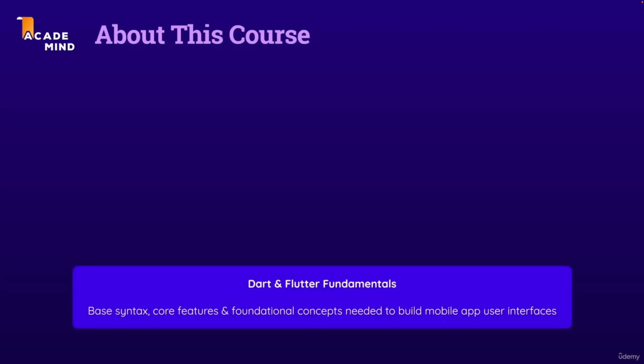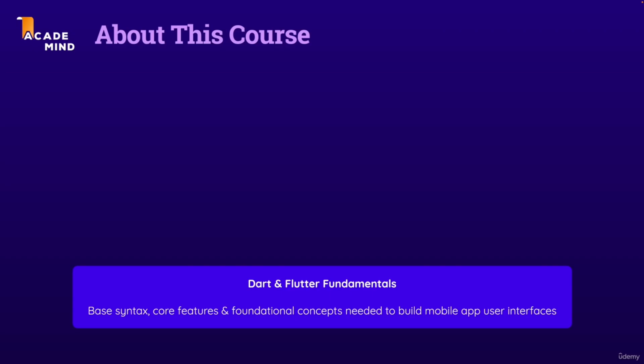In the end, this course is structured like a pyramid. We start with the important Dart and Flutter fundamentals, with the core features and the base syntax and all the core concepts you need to build mobile apps with Flutter and Dart. Of course, we're not going to stop there though.